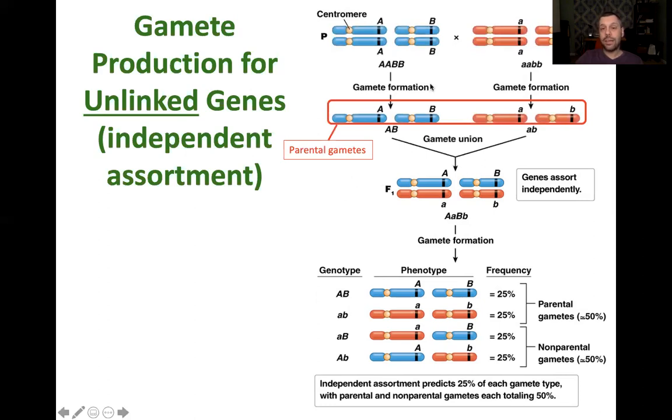Notice that the parental gametes, big A big B and little a little b, appear. You see 50% of the time you get identical versions of those, and 50% of the time you get non-parental gametes. That's because everything is mixing as much as possible. Nothing is linked. Every possibility is going to occur at equal probability, so the numbers are all the same.